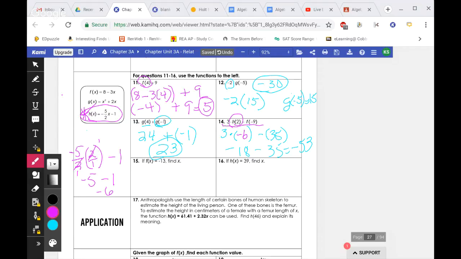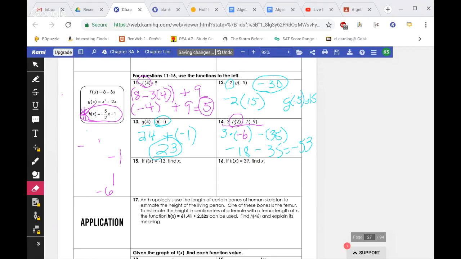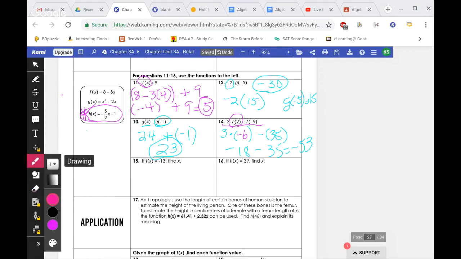Okay. So then it's asking me to subtract from it the function f at the value of -9. So whatever the ending value is, after I've plugged in a -9, it's asking me to do that on f of x. So I'm going to say 8 minus 3 times a -9.